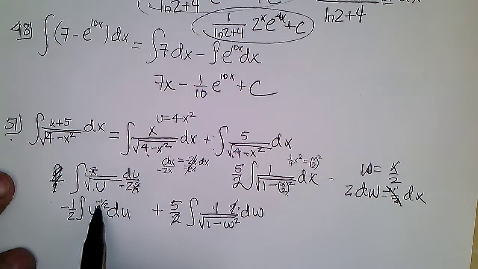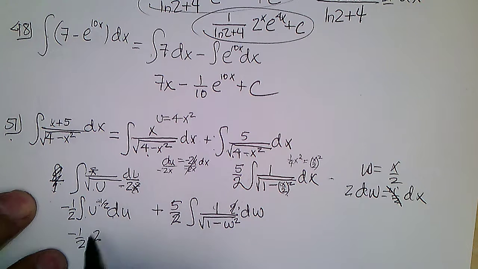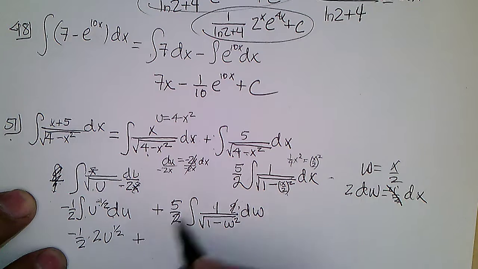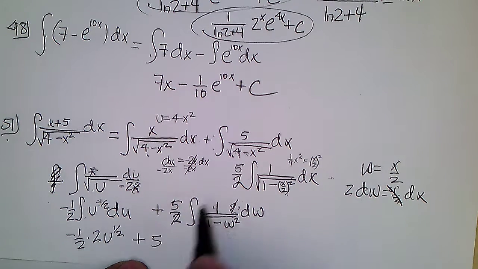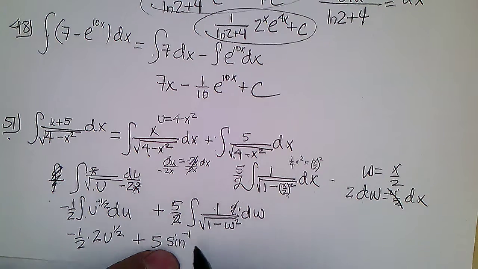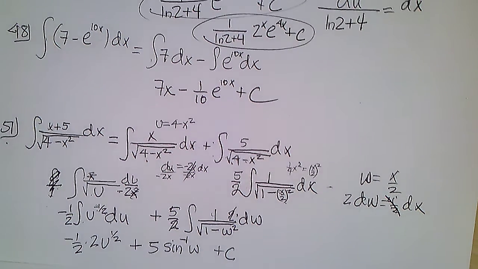And this becomes, raise that by 1, it'd be plus 1/2, divided by 1/2, which makes it times 2, so I get minus 1/2 times 2 u to the 1/2 plus these 2's cancel, so I get a 5. The integral of this is sine inverse of w plus c.